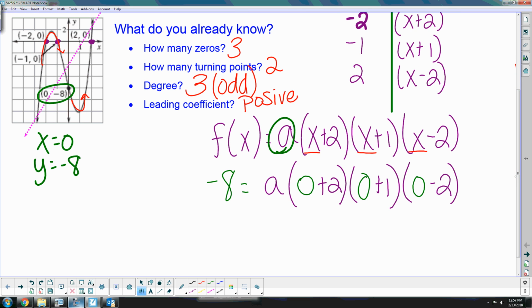So now our goal is to find our constant, find our leading coefficient. And we're going to do that by substituting our x and our y value in.